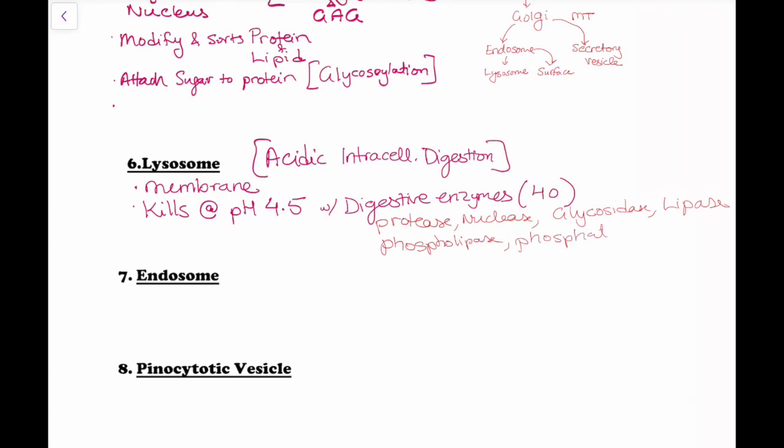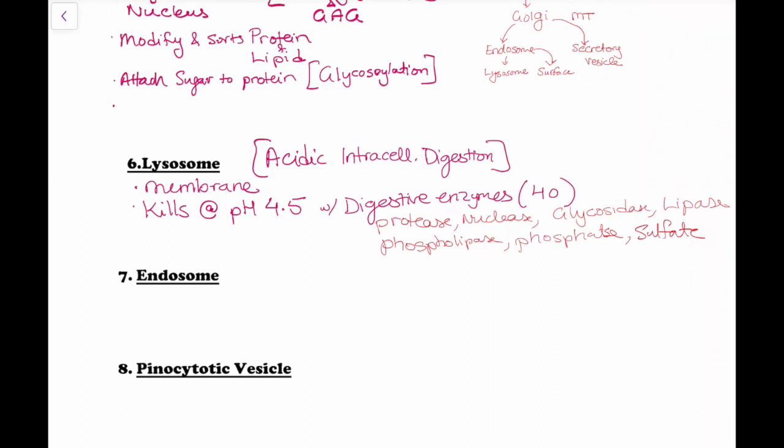As you can see, they all end in tase or ase, something along those lines. And the major function is basically to kill that respective substrate. So if you have protease, protein; nuclease; phospholipase; and phosphatase.